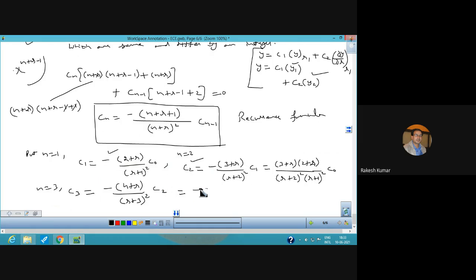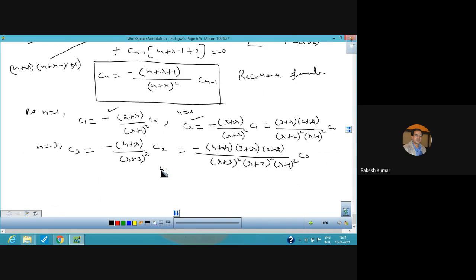So you will have a negative value 4 plus r, then 3 plus r, and 2 plus r, divided by r plus 3 whole square, r plus 2 whole square, and into r plus 1 whole square into C naught. So this is your value of C3, and similarly you can find out the other values of the constants.